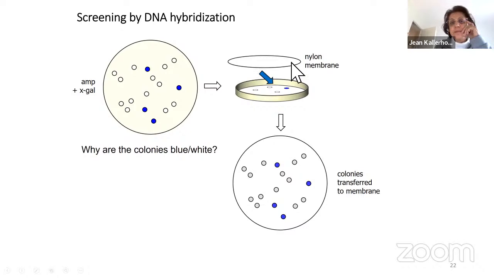So the nylon membrane that was white or transparent will have exactly the same print as the original colonies. You know that the blue ones are of no interest to you, but you need to know which of the white ones will be of interest.